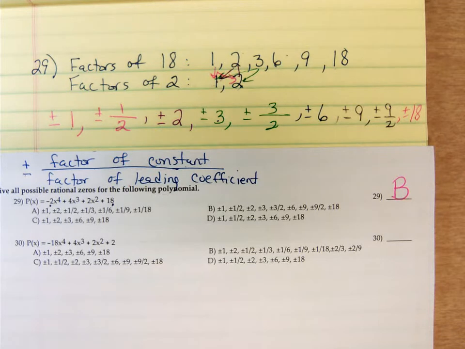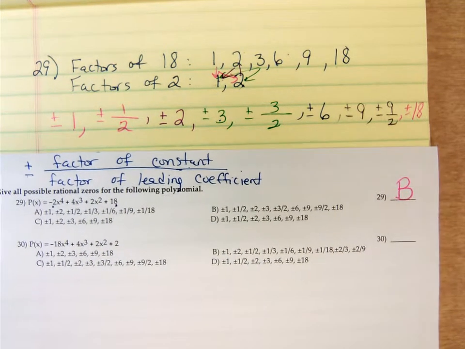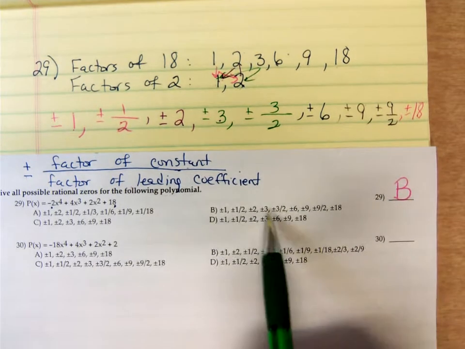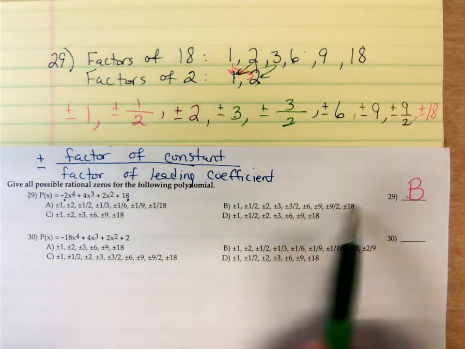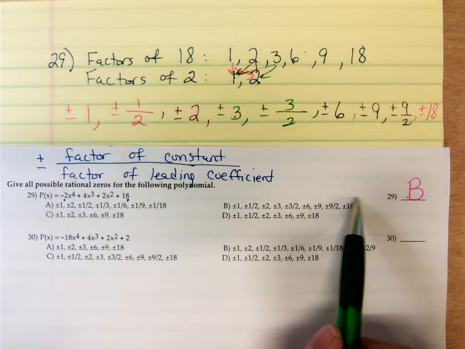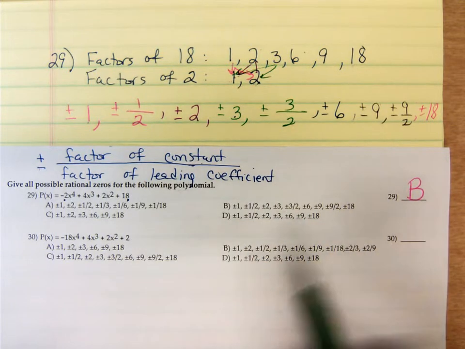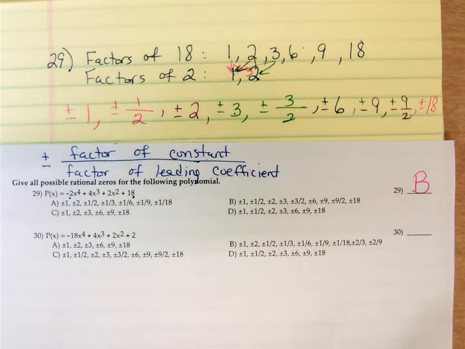Now, those are the possible zeros. If you needed to actually find one of those zeros, just start going through using synthetic division until you find one that gives you a 0 as that last number, and then factor the remaining. Do what we did on the 27 and 28.